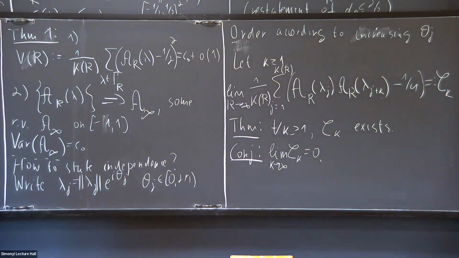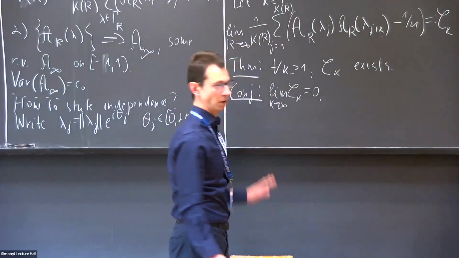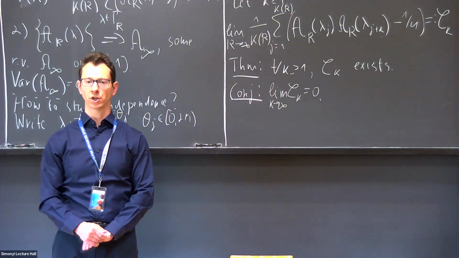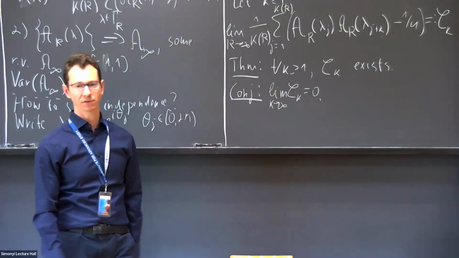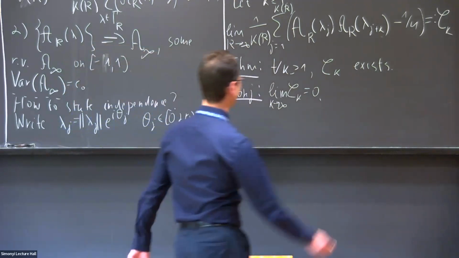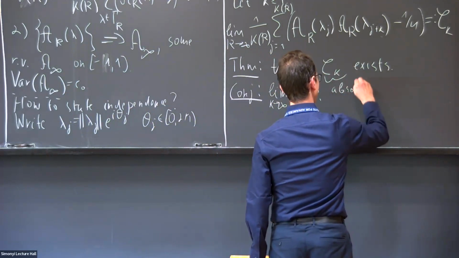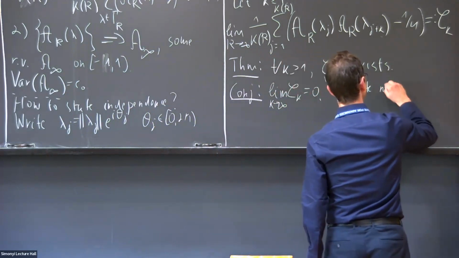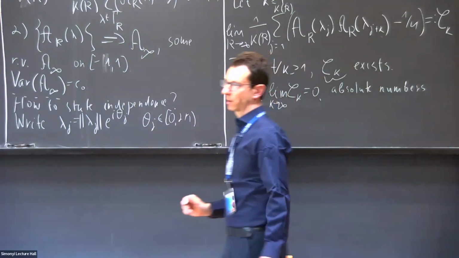Okay. As far as I know, this conjecture is at this point open, as stated, but I have some results to support it. These C_k are some absolute numbers. We did some numerics.